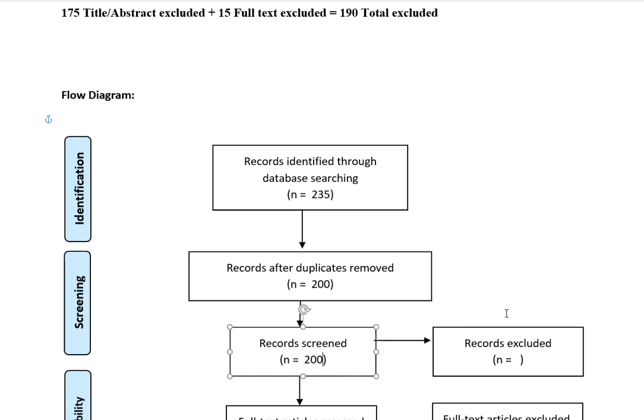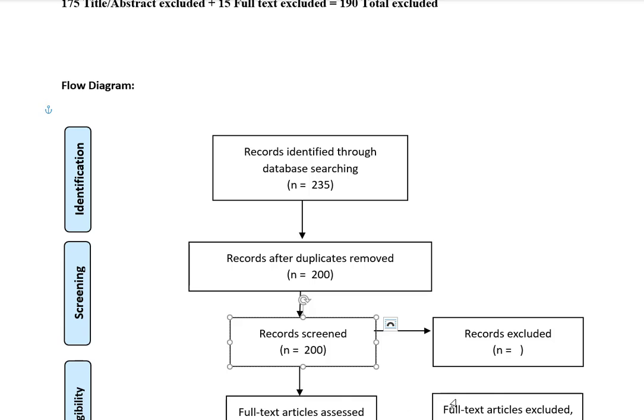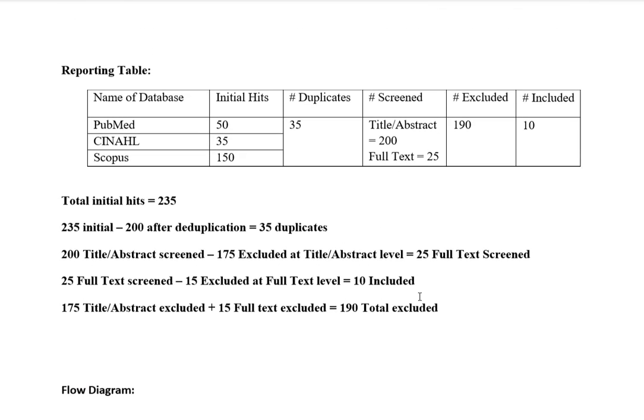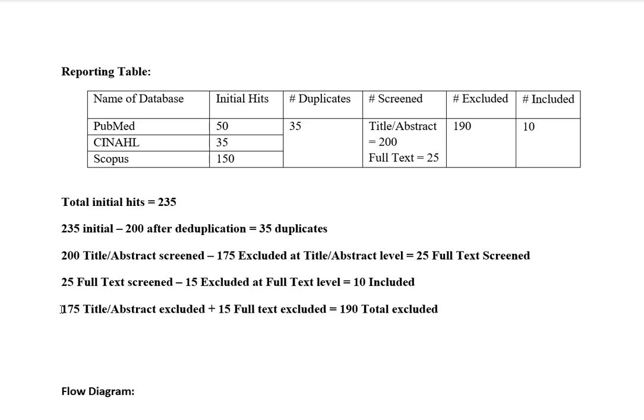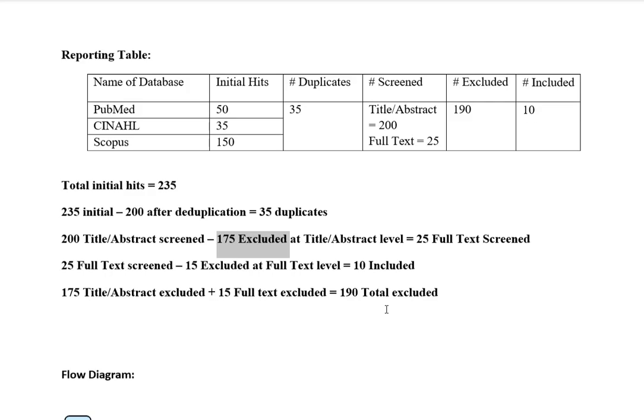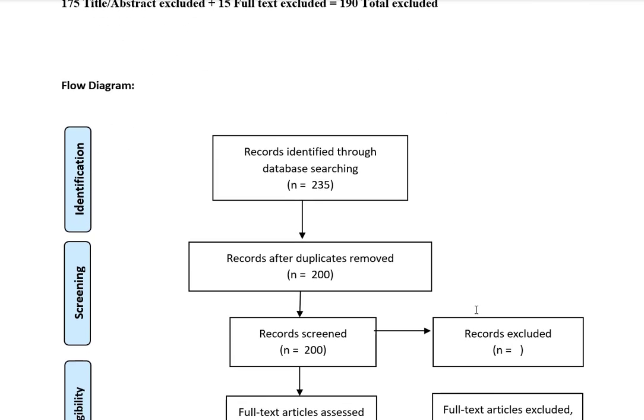So records excluded, we go back up here. This right here, records screened, this is the title abstract screen. So this is our number of 175 from right here. So 175 excluded at title abstract level.